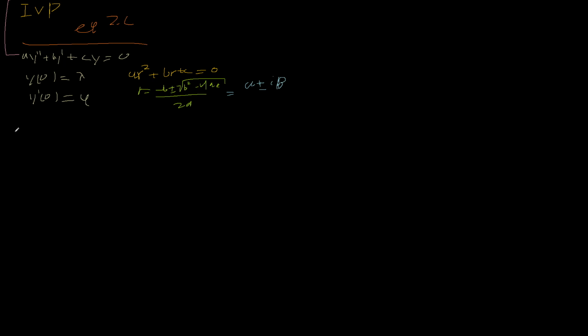Okay, great. So we get our solution. y is equal to e to the alpha t times c1 cosine beta t plus c2 sine beta t. Right, and that's it, all said and done.